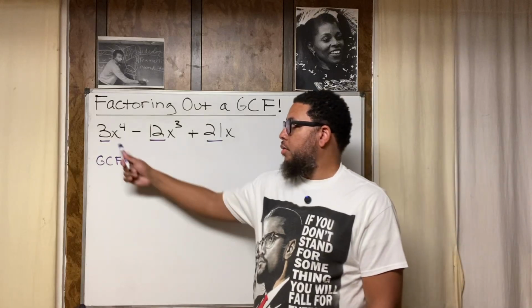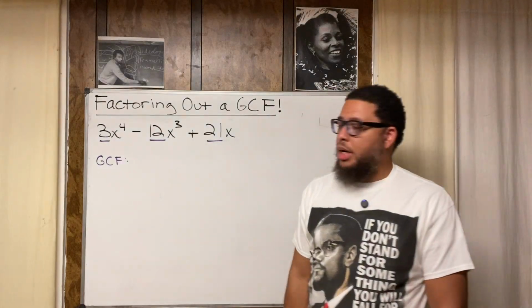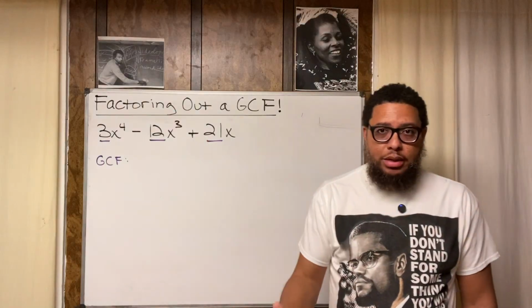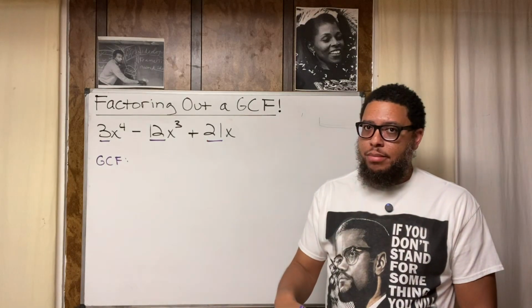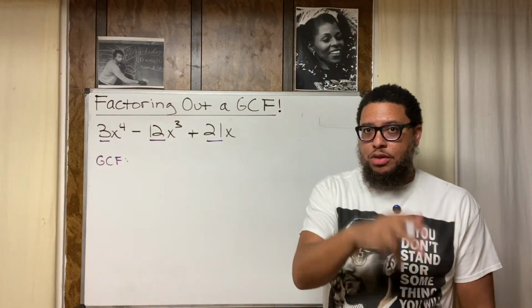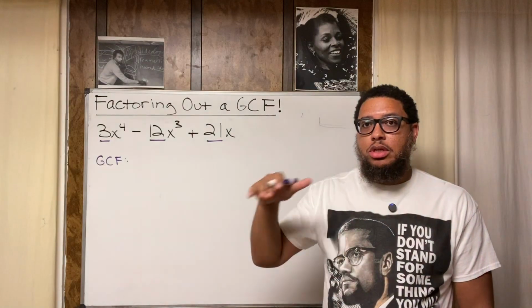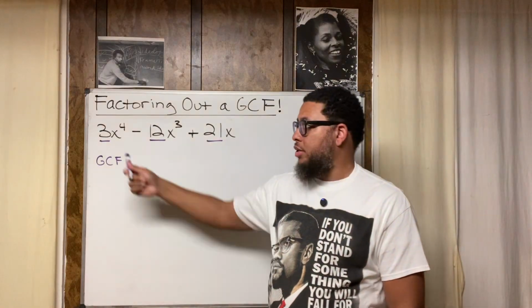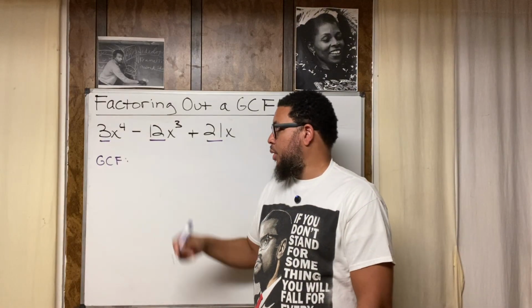Now, the GCF of 3, 12, and 21 is 3. By the time you get to problems like this, you're expected to already know that. Like I said, if you don't, go to the factors and multiples playlist to learn how to find the greatest common factor of numbers like 3, 12, and 21.